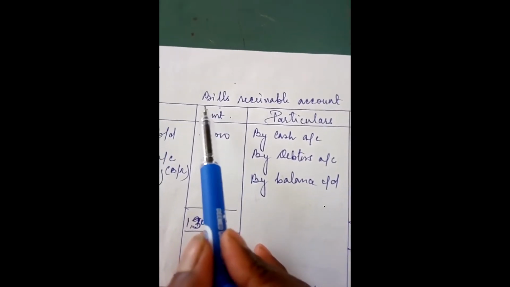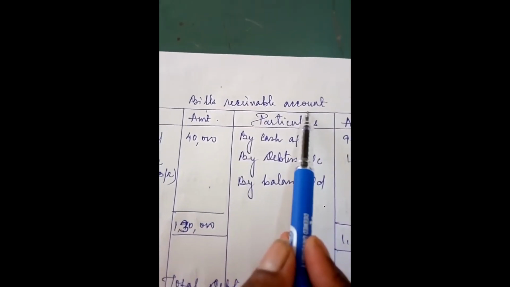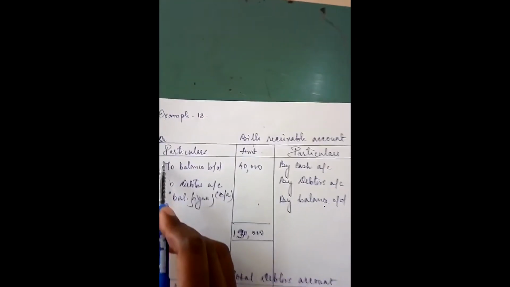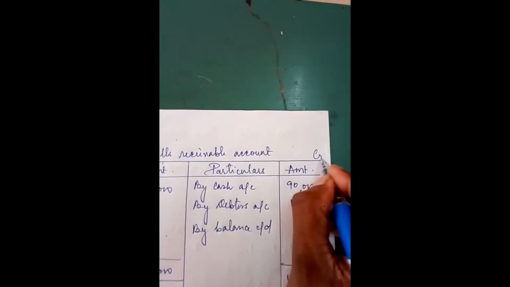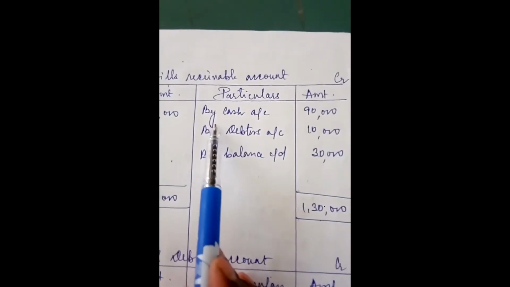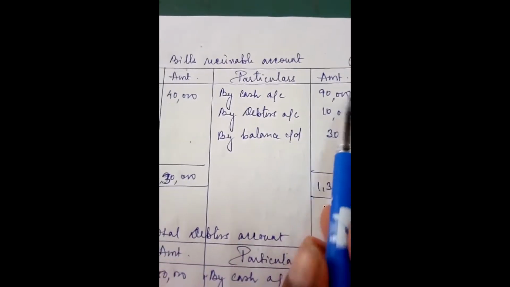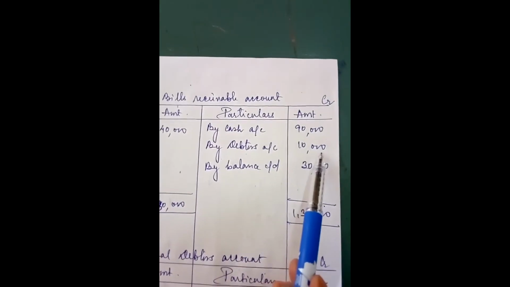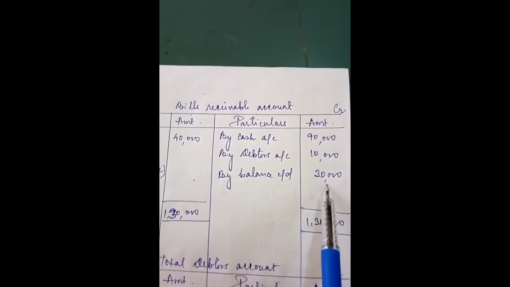When we have a question given like this, let's look at the solution. We have to begin with bills receivable account. As it is a ledger account, you have the debit side as well as the credit side. You prepare particulars and amount in the debit side, particulars and amount in the credit side. In the credit side, we write by cash account 90,000, by debtors account 10,000, by balance c/d 30,000.